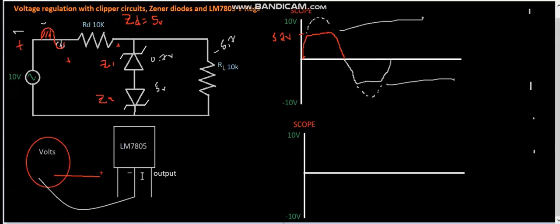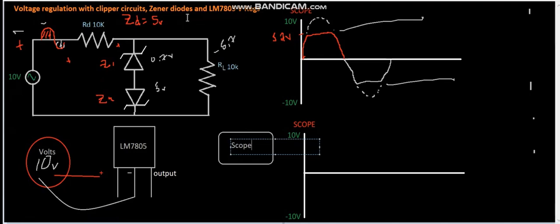And what I'm doing is telling the chip I'm bringing in, let's say, 10 volts. So if I was looking across my scope, let's get the scope in here. There's my scope.